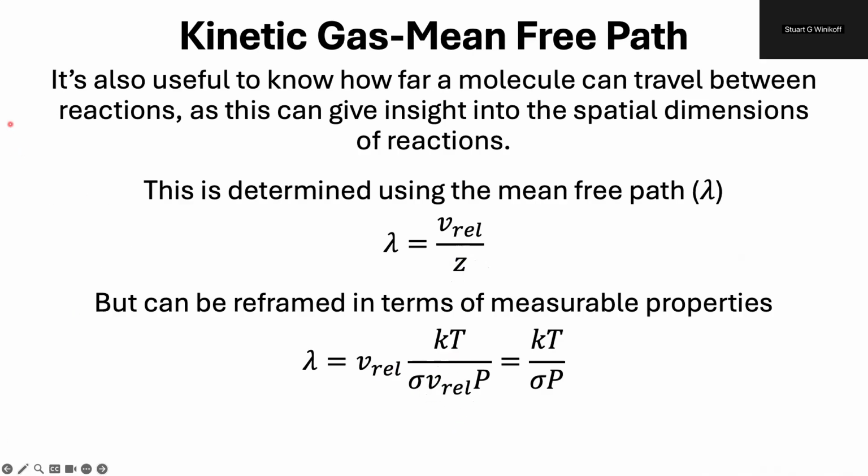So here we will expect these two terms to directly cancel out, and we're left with a much more useful property than something like the frequency of collision, because now I know exactly how far a gas molecule will travel based on the Boltzmann constant, which is a constant, temperature and pressure, which are readily measurable, and the cross-sectional area, which is going to be unique to the gas of interest.